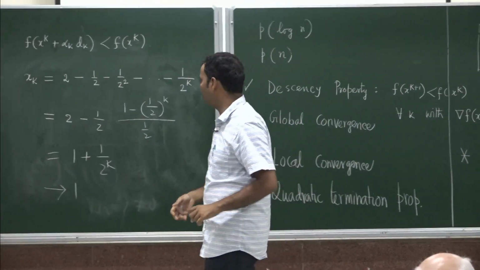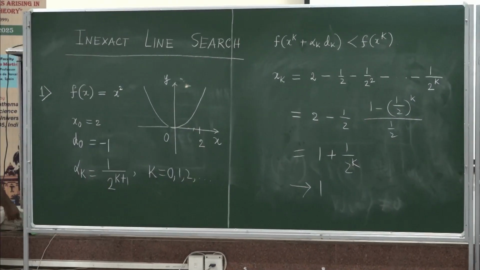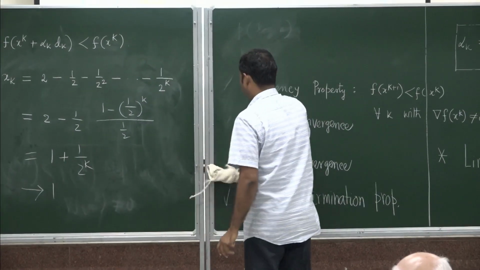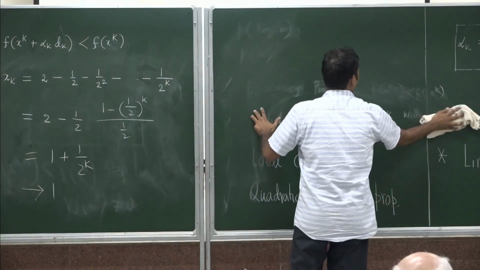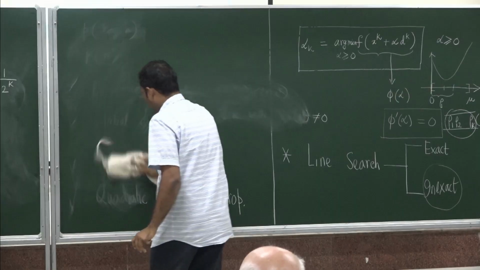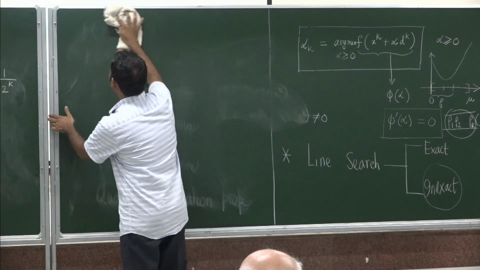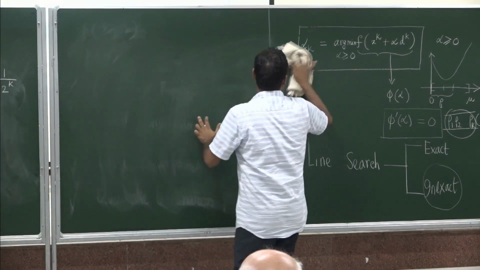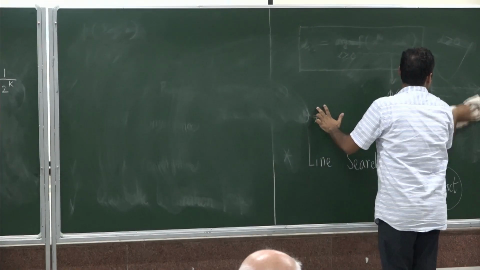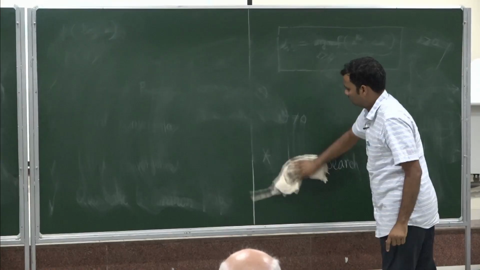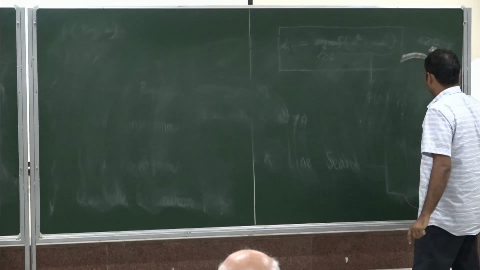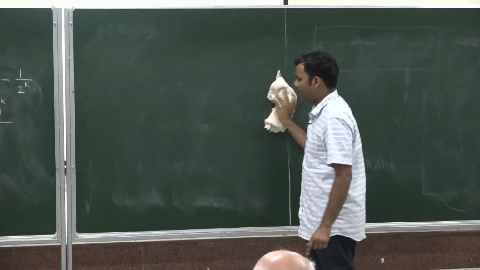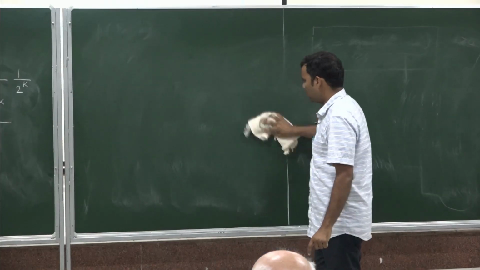Such an example is the following. So here from this example we have a takeaway message that alpha k should not be too small.